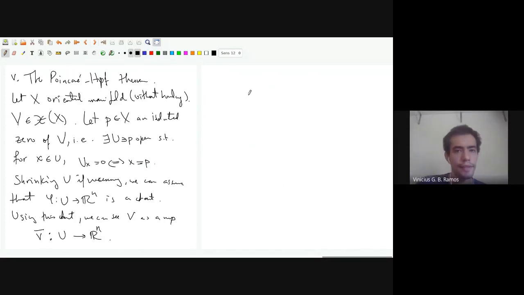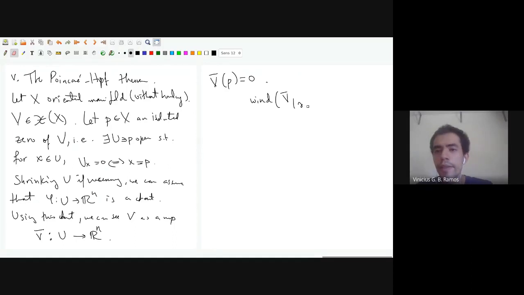And this V bar of P equal to 0. So now I can look at the winding number of V bar restricted to the boundary of some little ball, Phi inverse of some little ball of radius epsilon.